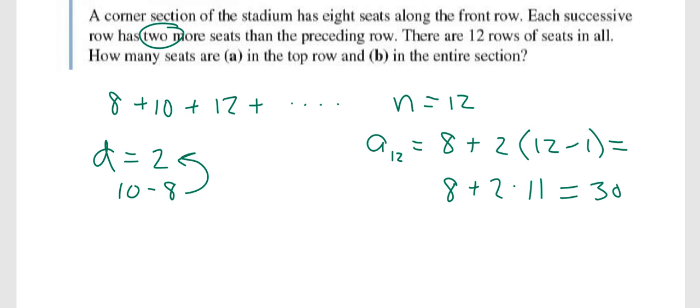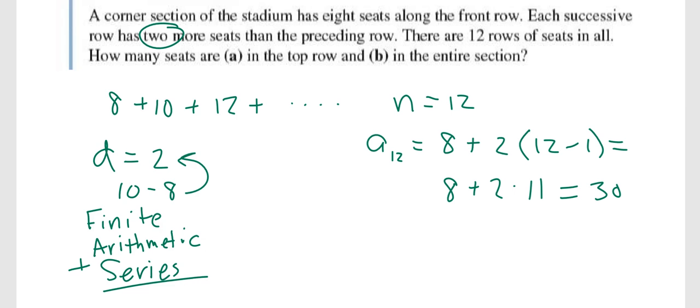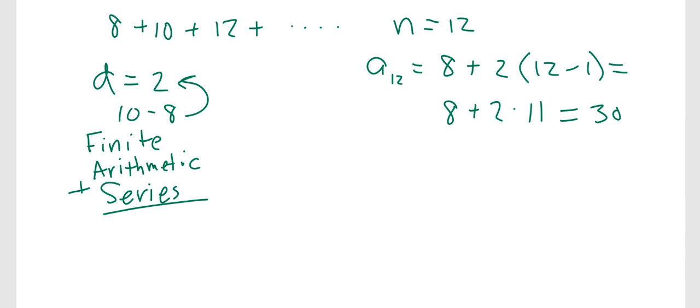How many are in the entire section? Oh, finite arithmetic series. What does that add up to? Finite plus arithmetic plus series adds up to Lil Carl, that's right, folks.